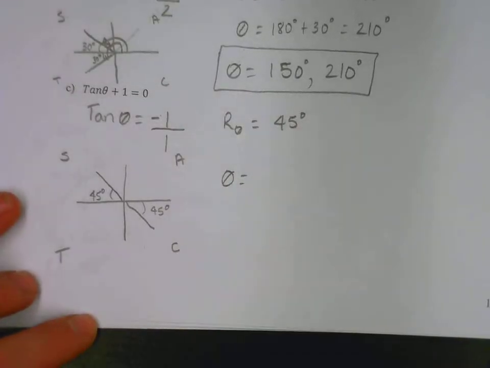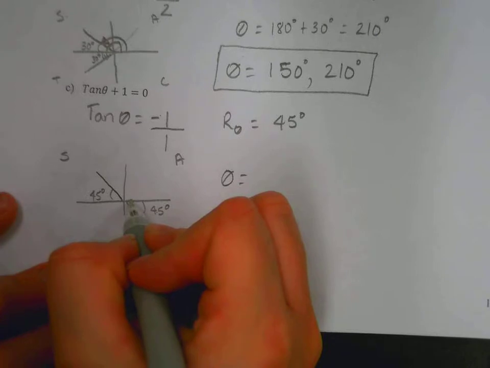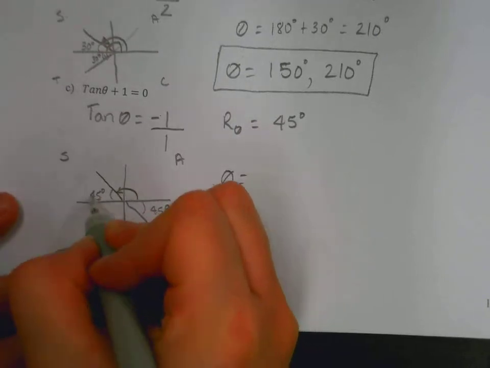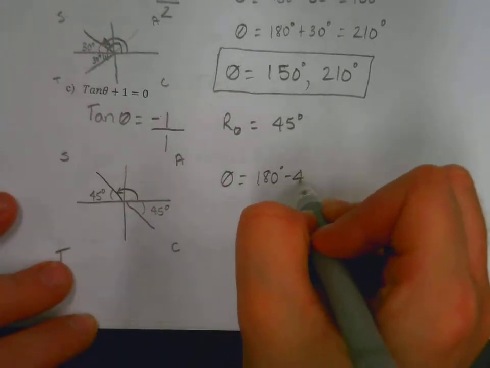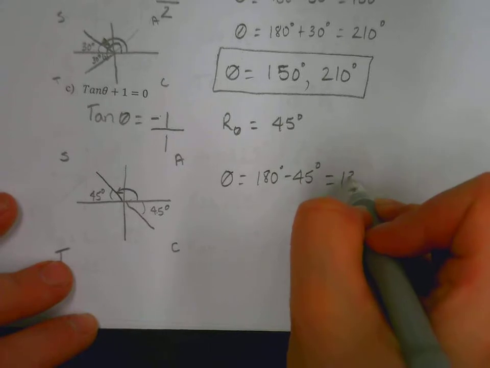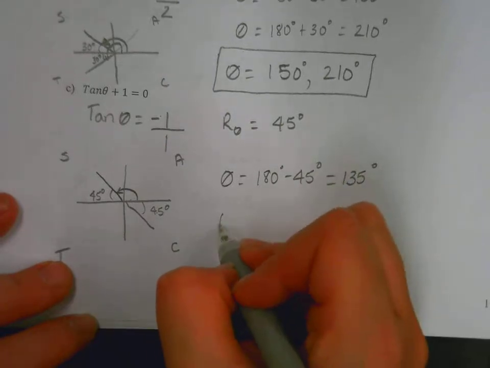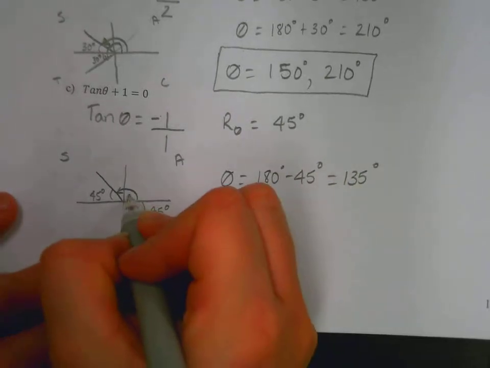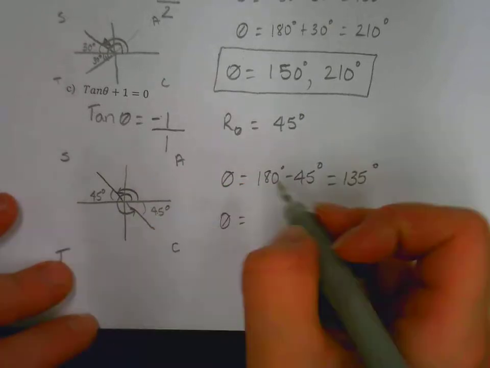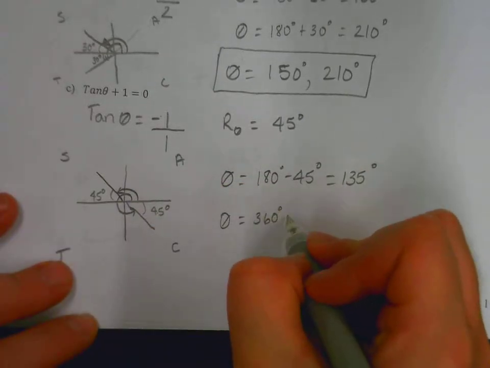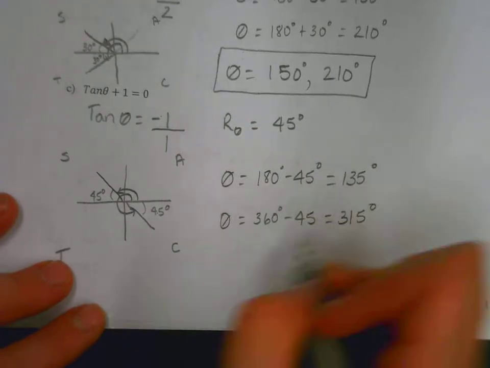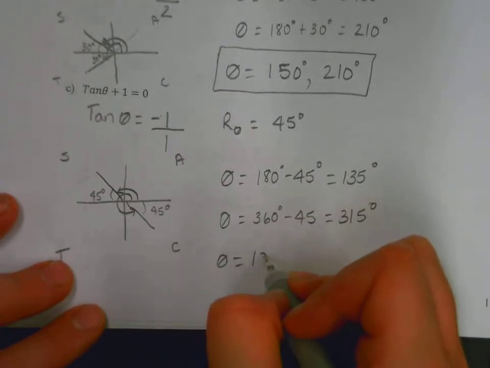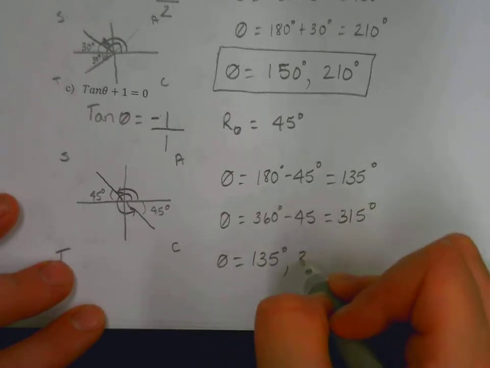My rotation angle here would be 180 minus 45, which works out to 135 degrees. And my second answer would be this rotation, 360 minus 45, which works out to be 315 degrees. So my solutions to this would be 135 and 315.